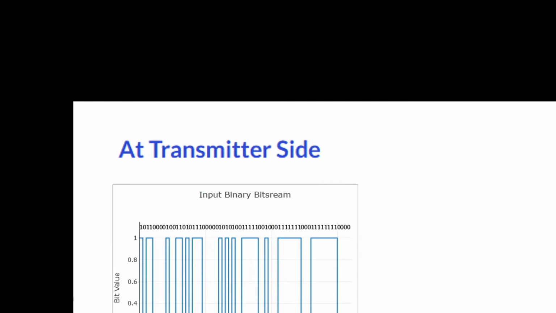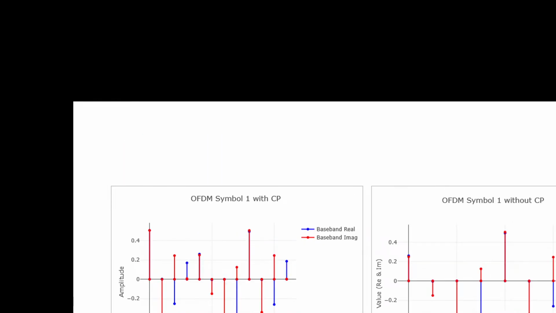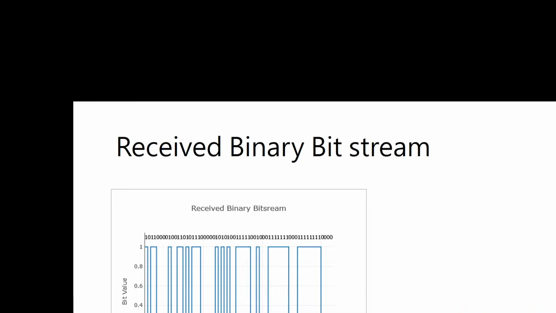That's the transmitter side. That's the input data you are going to transmit, like this one: 1 0 1 0 1 1 0 0 1 0. It will convert to something like this, and that's 16 QAM. This is not in the textbook, but inversely, you will receive the binary data.